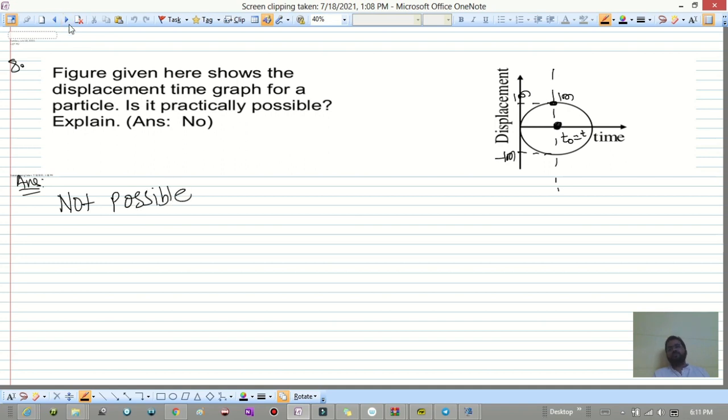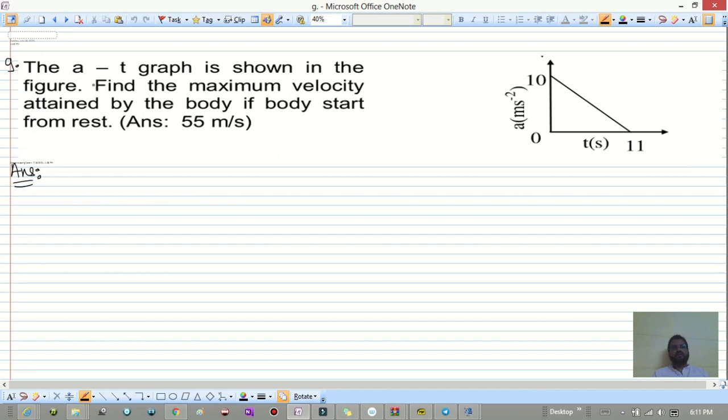Chalo, next problem. We have an a-t graph given, and we need to find the maximum velocity attained by the body if the body starts from rest. Over here, the area of the acceleration-time graph gives the change in velocity, right? So final velocity minus initial velocity.